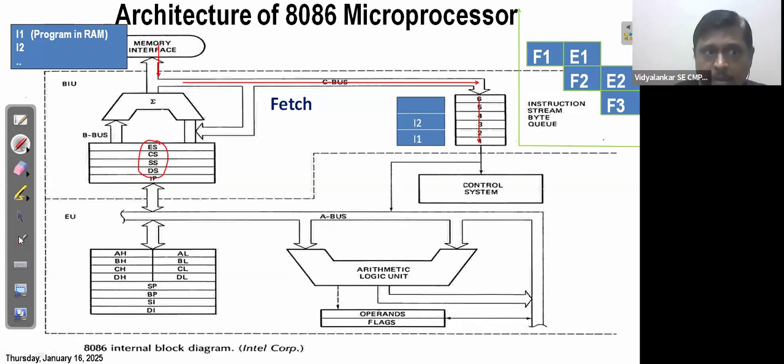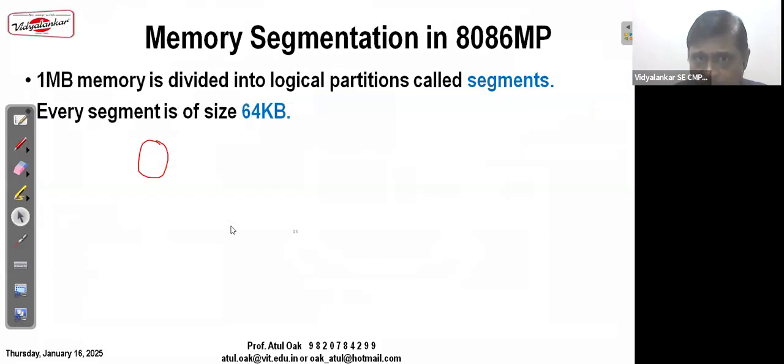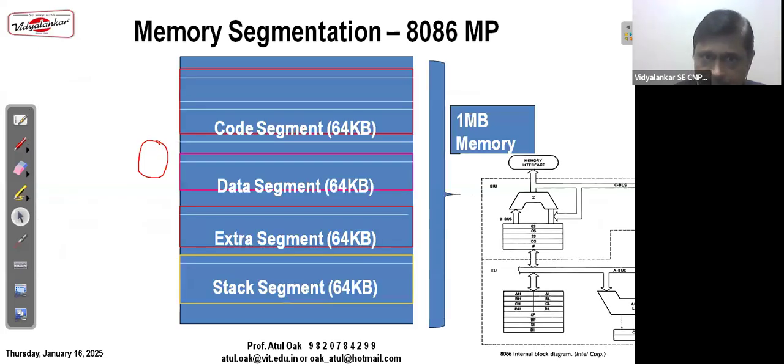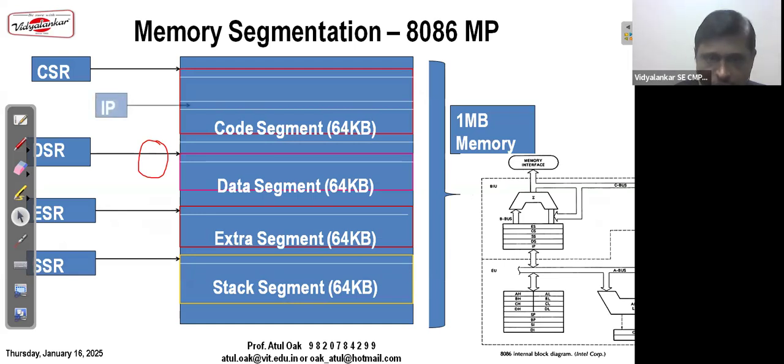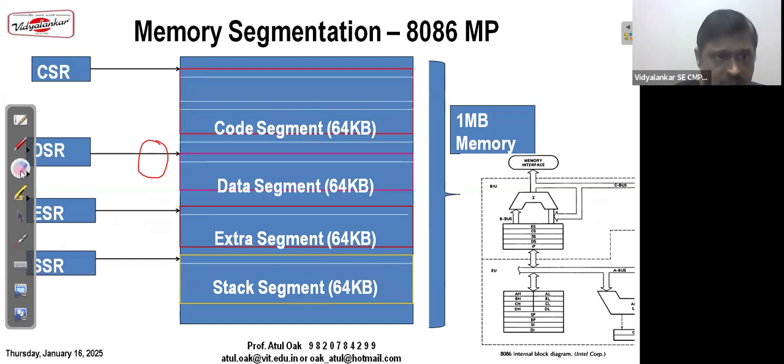Okay. Now let's continue. We are in the diagram. Now you focus for the last 5 to 7 minutes. I understand that this is a bit complex, but we have to keep the pace.